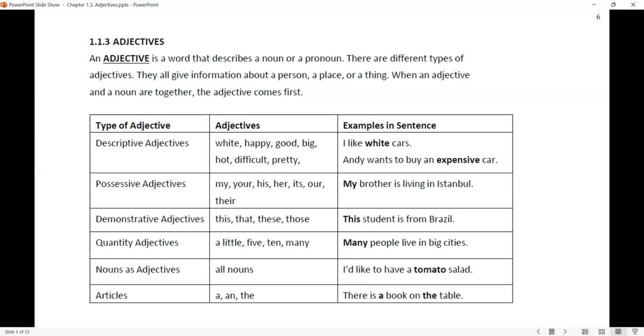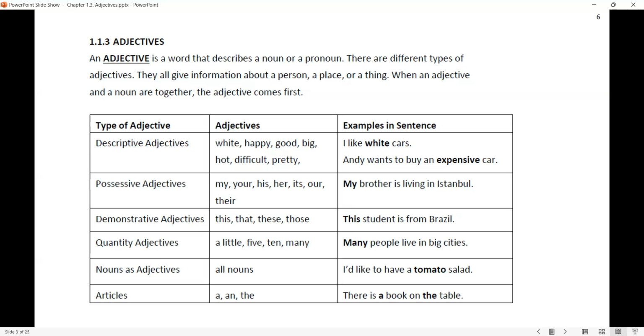Possessive adjectives: my, your, his, her, its, our, their. They come before the noun again. They show possession. My brother is living in Istanbul. Demonstrative adjectives like this, that, these, those, they come before the noun again. This student, that book, those cars, these books.